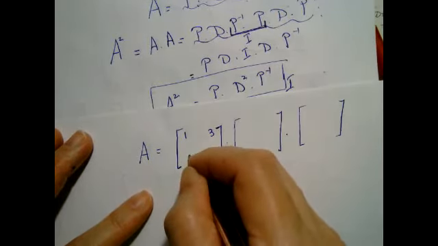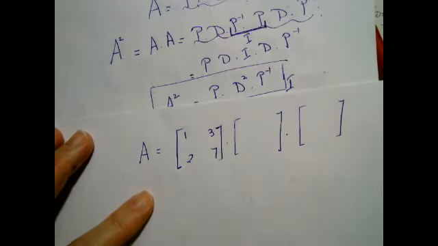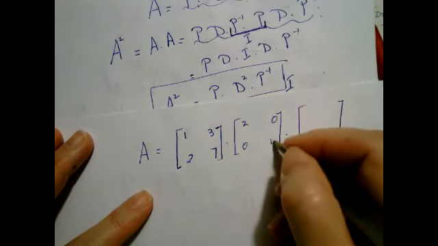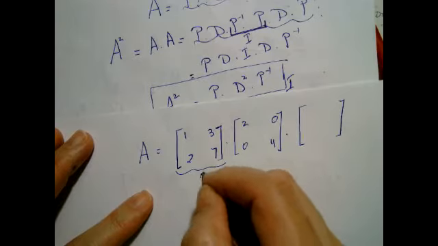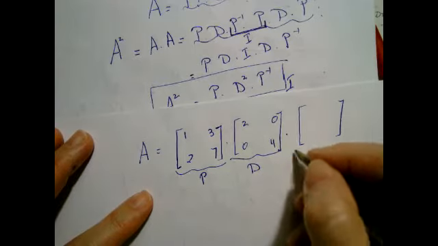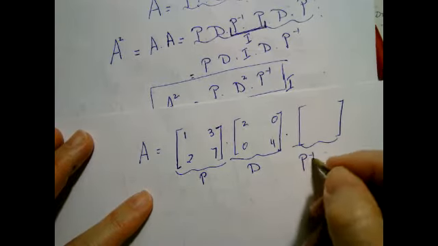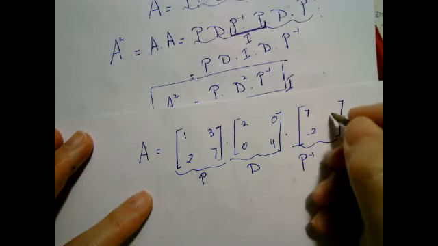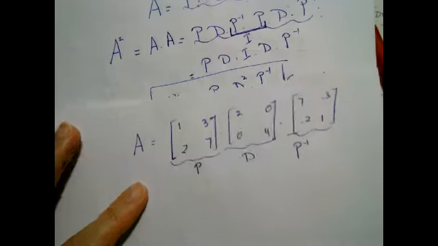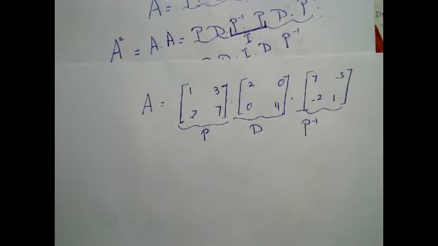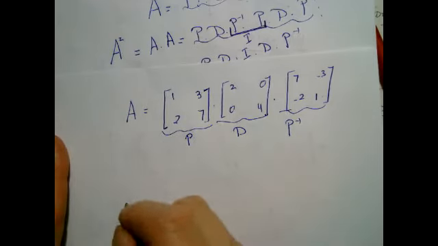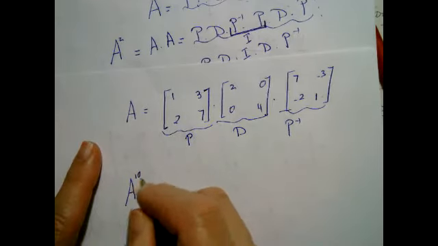With entries 1, 2 this way, and 2, 0, 0, 4. And this is my P, that's my diagonal matrix, and this is my P inverse. Now we can compute P inverse, it's easy for us. That's my A, so I can write it as a product of 3 matrices. And I tell you, compute A to the power 10.